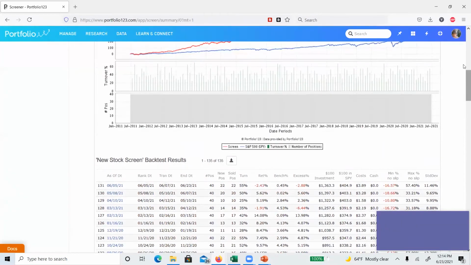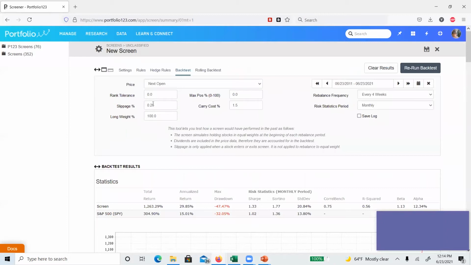But what we can do here with the screen is add rank tolerance. So let's add 5% rank tolerance. What that means is that if you buy a position and its rank is 98, you won't sell it until its rank goes down to 93. You'll just keep it. And if its rank is 94, you won't sell it till its rank is down to 89.